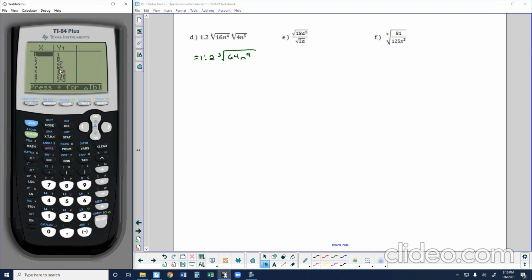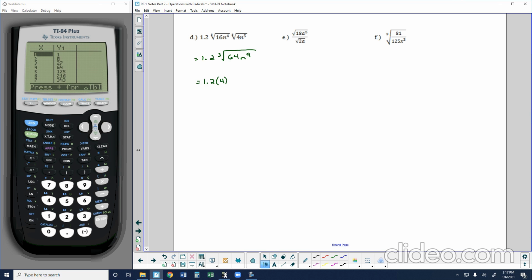And I'll notice that 64 is the same as 4 to the third power. So I'm going to go ahead and skip one of our steps that we've been writing down. If you need to write 64 as 4 to the third, you can. But what I realize is that if I cube root 64, that answer is going to be 4. So I'm going to have 1.2 times 4.